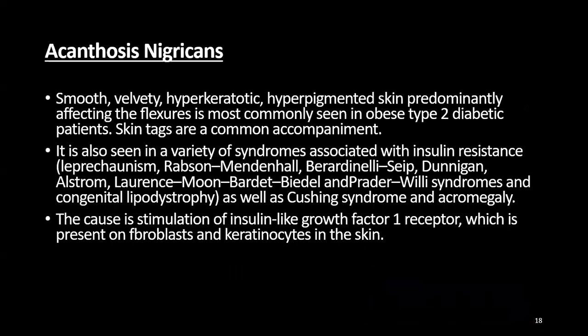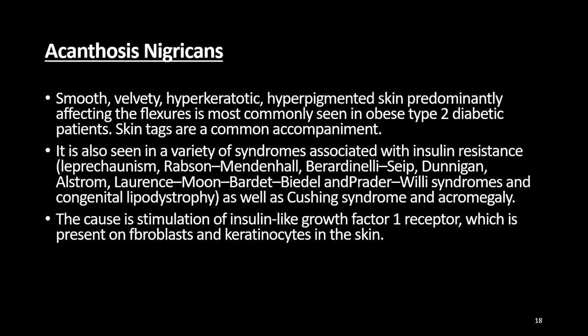It is somehow related to these skin tags. Acanthosis nigricans means smooth, velvety, hyperkeratotic, and hyperpigmented skin, predominantly of the flexures like neck, axilla, and groins, and seen in obese type 2 diabetics. Skin tags are a common accompaniment.